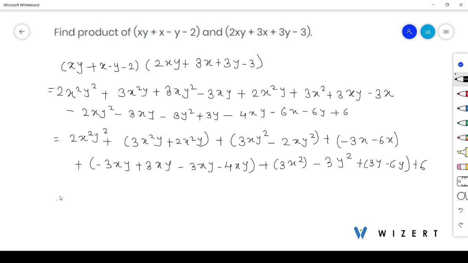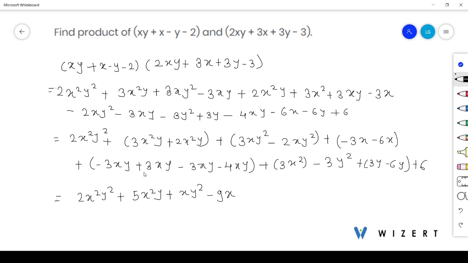So solve this. 2x square y square plus 3x square y plus 2x square y is 5x square y plus 3xy square minus 2xy square is 1xy square. Minus 3x minus 6x is minus 9x.